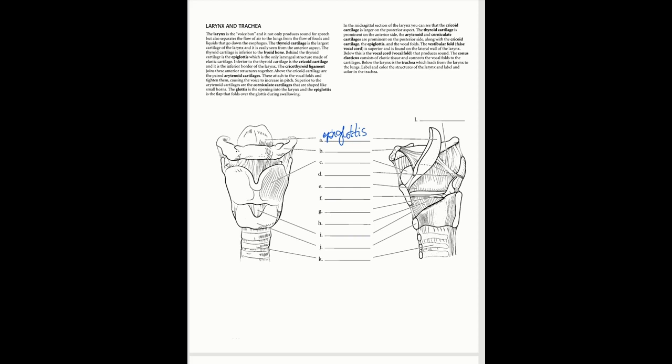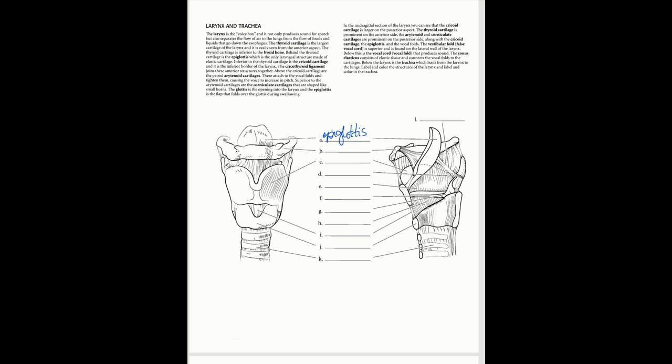And so the epiglottis is going to cover the opening of your larynx and prevent food from going into the respiratory tract. This is also why if food does get into that area, it causes you to forcefully cough to try and get the food out of there so that it can be redirected into the esophagus.